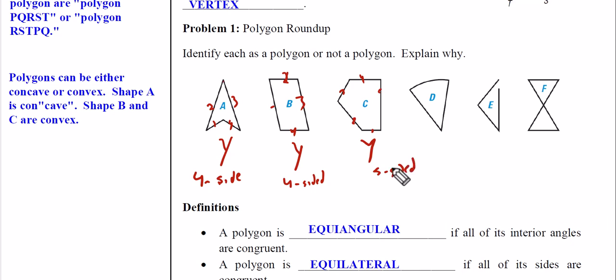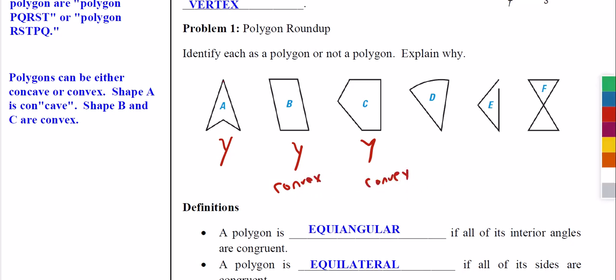Let's talk about concave and convex. So polygon B is convex, and polygon C is also convex. We say that A is concave. And here's why. If you were to extend a side into a line, and if it actually goes inside of the shape, then it's concave.